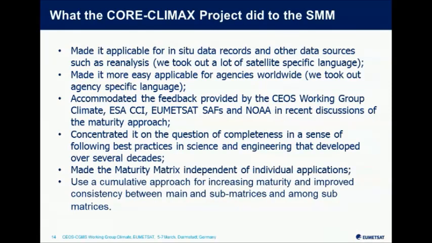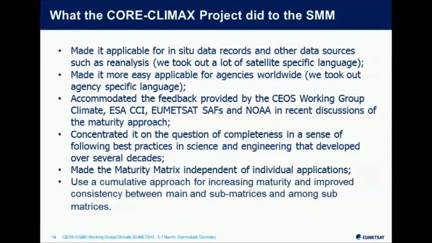We took out a lot of satellite-specific language like ATBD names. And we also made it more easily applicable for agencies worldwide, so we took out a lot of NOAA-specific or agency-specific language.